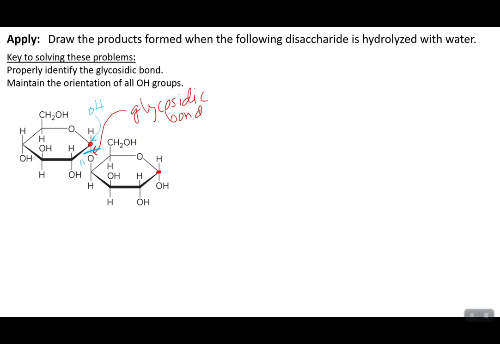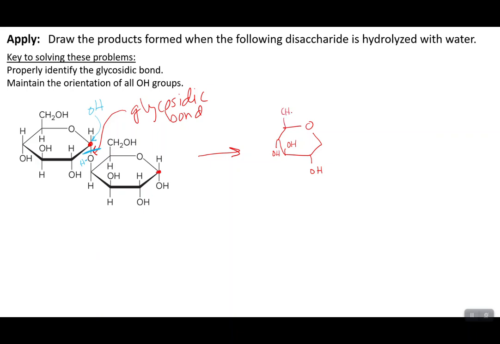So when I draw this out, I'm going to do it in red. I'm going to first draw the ring of my first monosaccharide. Go ahead and place all your OH groups where they belong. And again, you can draw Haworth projections without drawing in the hydrogens.